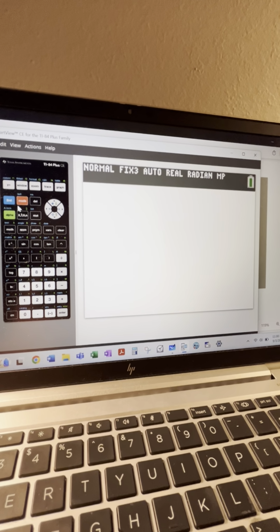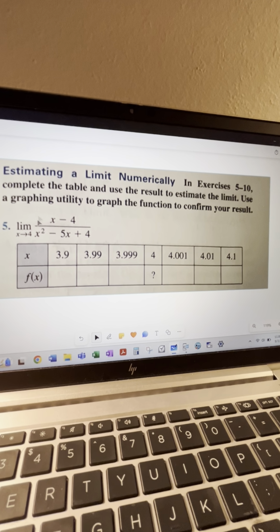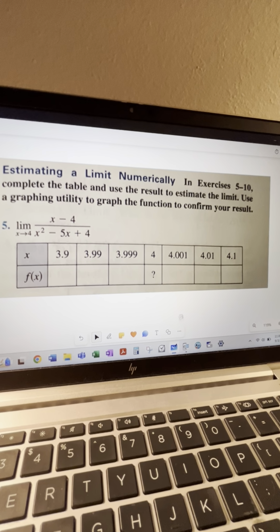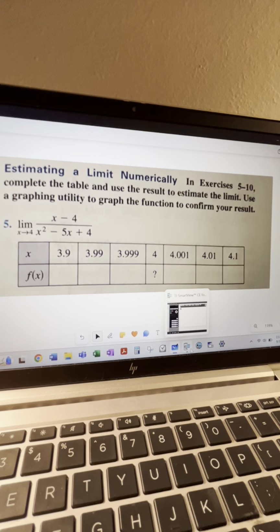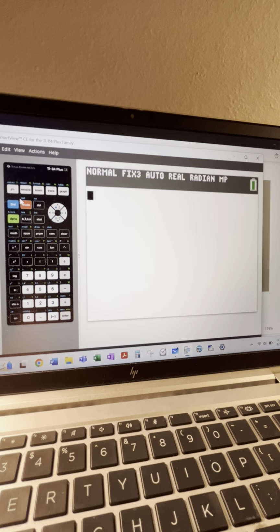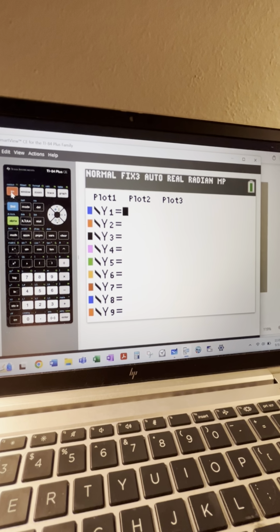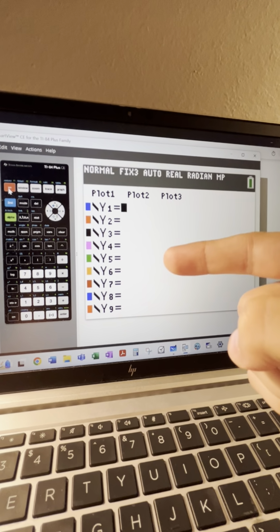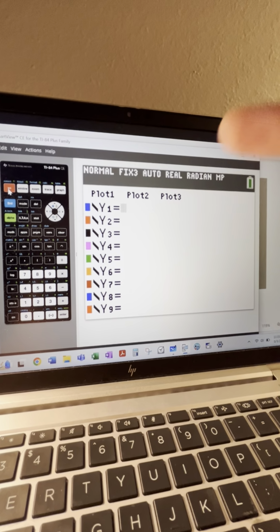Now our goal here is to enter the function that they gave us in this problem into our TI-84 calculator. So in order to do that, we're going to go to y equals. And here I want to emphasize this point a lot.